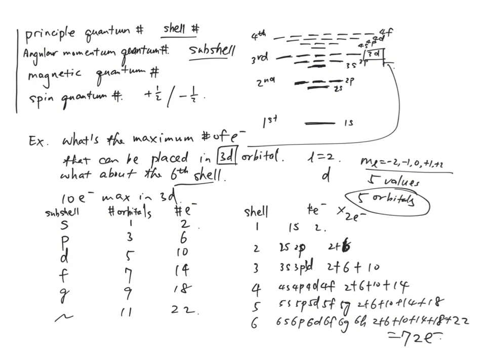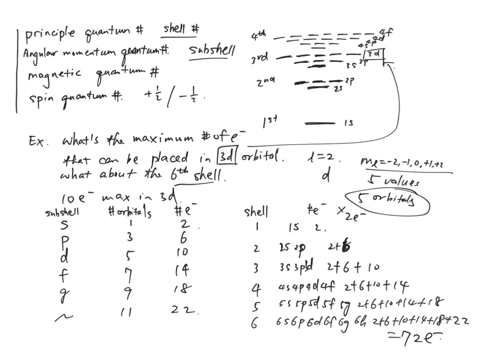Okay, and now, does that mean if you ask me about shell number 12, then I need to do 2 plus 6 and all the way up to what, 23 orbitals or 46 electrons? No, you don't have to. We actually figured out an easy way to do that.